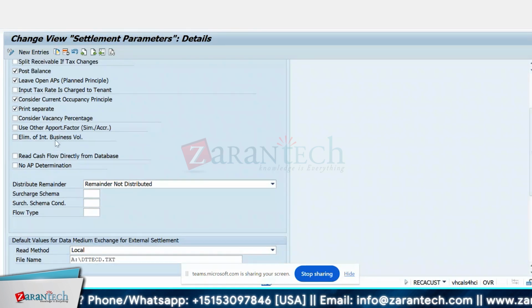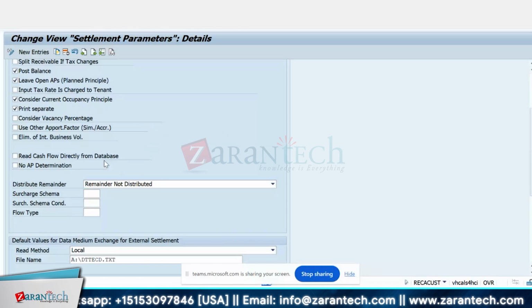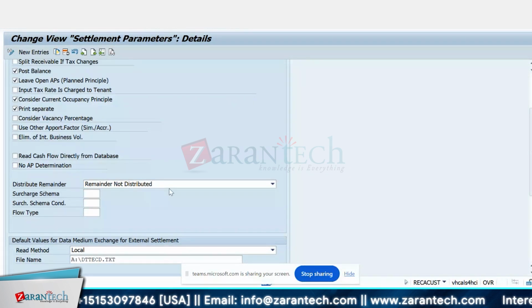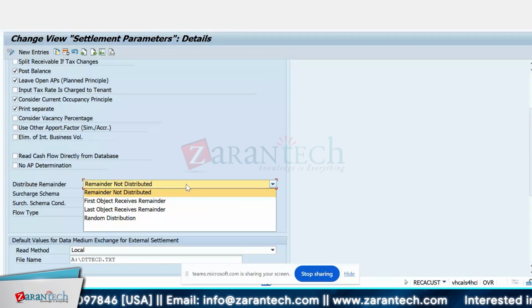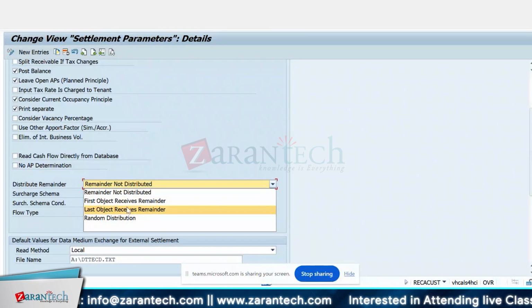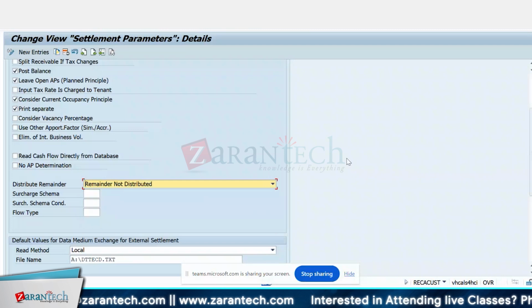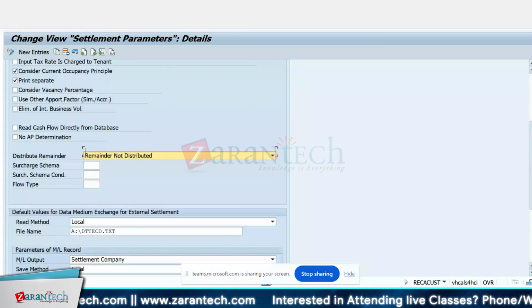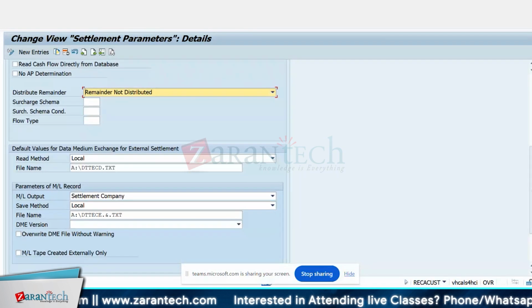Use other apportionment factor, read cash flow directly from database, no AP determination. Distributor remainder not distributed. First object receives a remainder, last object receives remainder, random distribution. Again, these are something from a controlling point of view which you need to understand, and based on that, you'll have to define the settlement parameter.